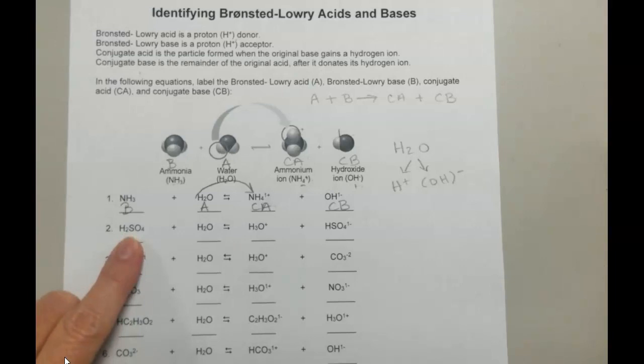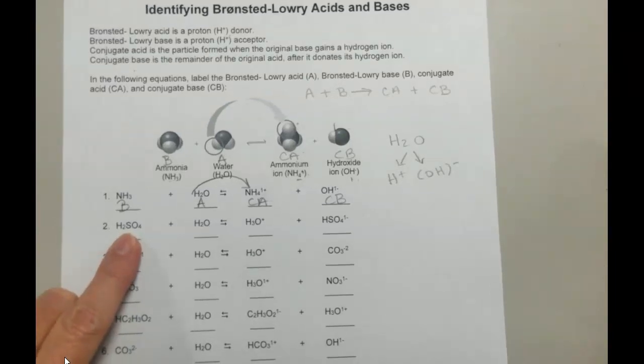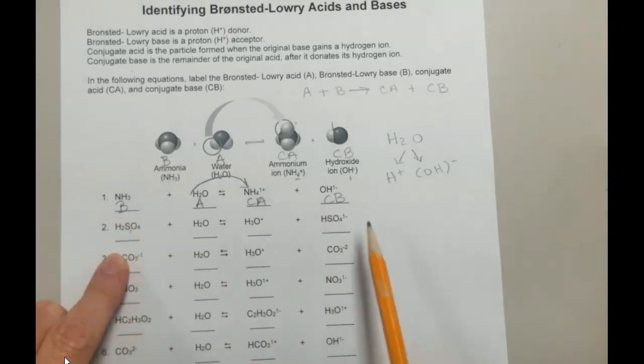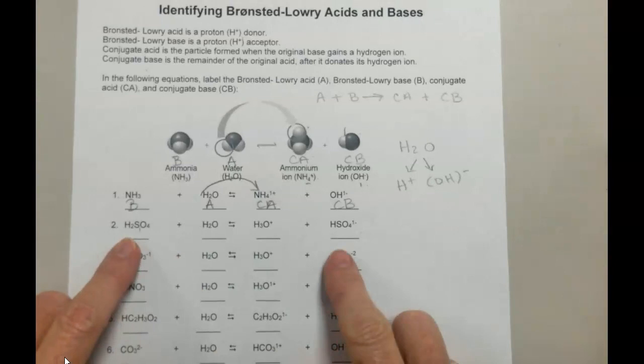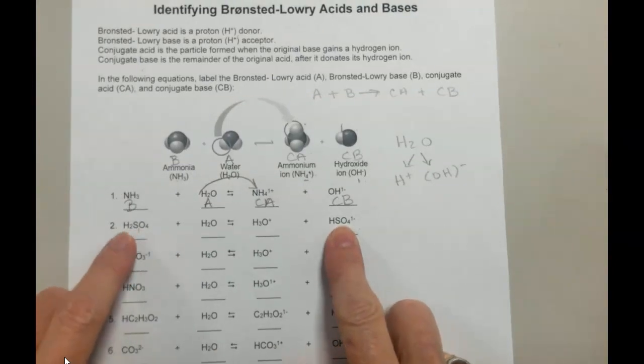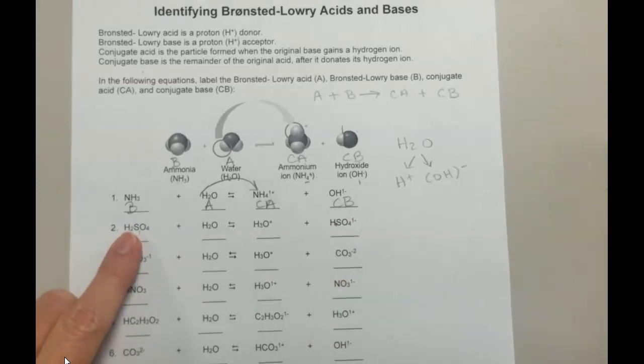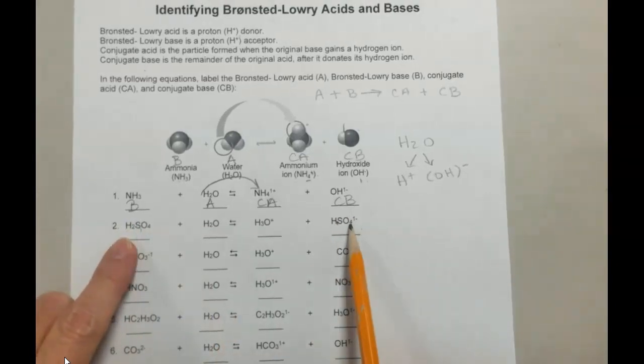Okay, so let's look at this. I see H2SO4, so I'm going to go to the other side and find this guy right here. So here he is over here. What is the difference between these two? This has a 2 next to it and this doesn't, so we know that's an understood 1. So this is telling me this guy is missing a hydrogen on the other side.